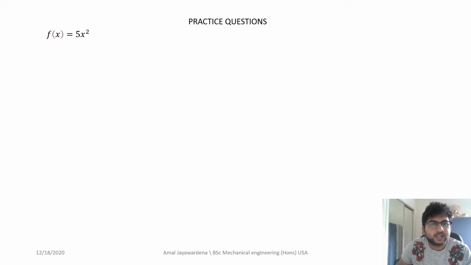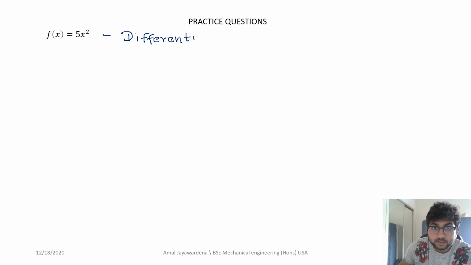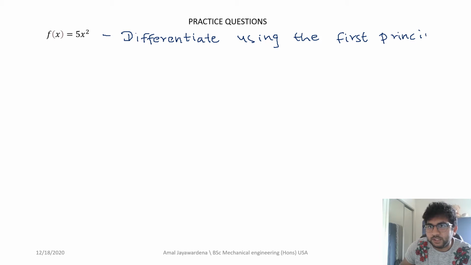So f(x) = 5x squared. We are trying to differentiate using the first principle. This is the main idea of differentiation.